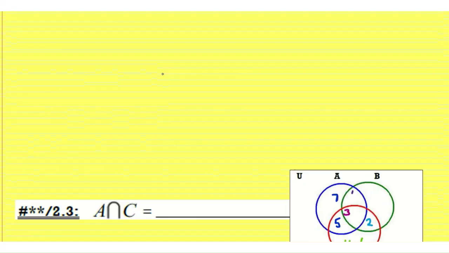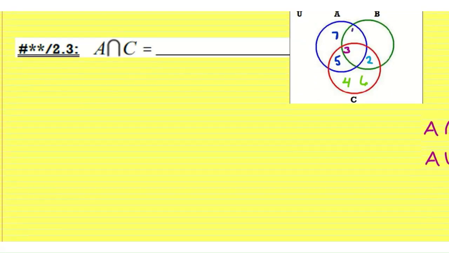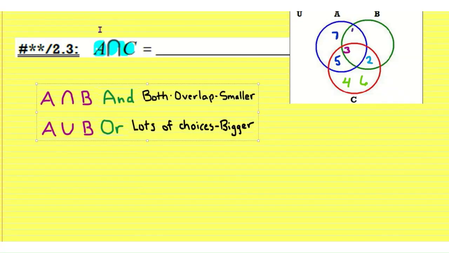Okay, the next one we're going to look at is set A intersected with set C. So again, what does that symbol mean? That is the intersection symbol, which looks like an A without the little line, and it means and. When we have and, it has to be in set A and in set C. It has to be in both sets, and it will be an overlap. It tends to be a smaller area.